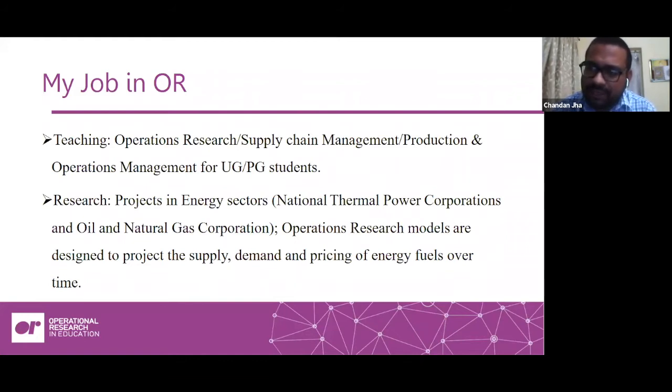Whenever we discuss uncertainty, it involves a lot of risk factors, from the supplier side and the demand side. Even in logistics, in the petrochemical industry, risk is associated with both supply and demand. We need to manage all that uncertainty with the help of operations research models.